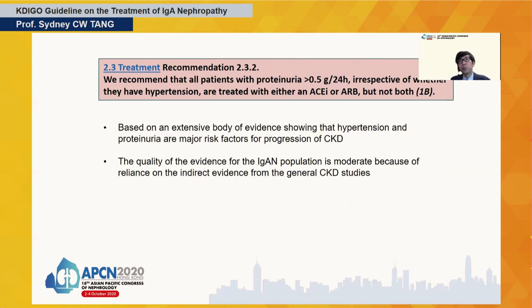However, in the judgment of the work group, a strong recommendation, 1B here, is warranted because of the consistency of the benefits of treatment of hypertension and proteinuria observed across the spectrum of kidney diseases, and also because of the generally low risk of harm for hypertension and antiproteinuric therapy, and the lack of rationale for a different recommendation for IgA nephropathy specifically.